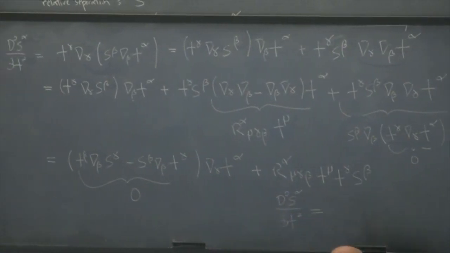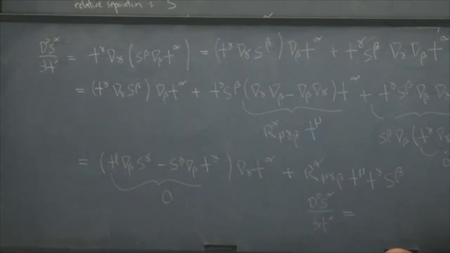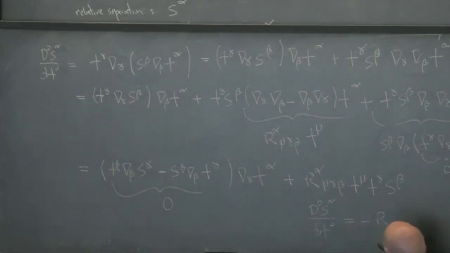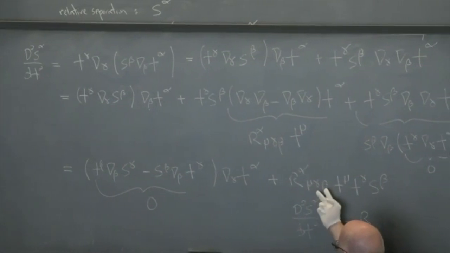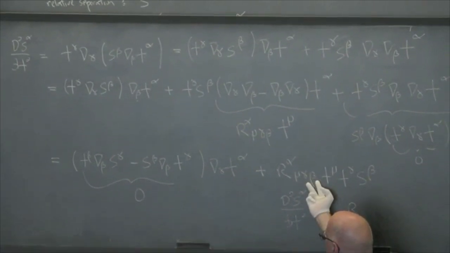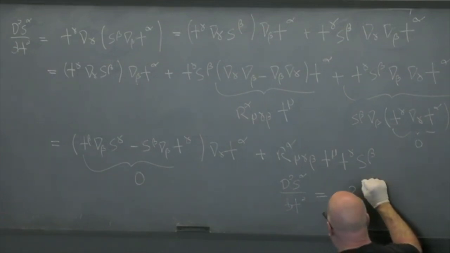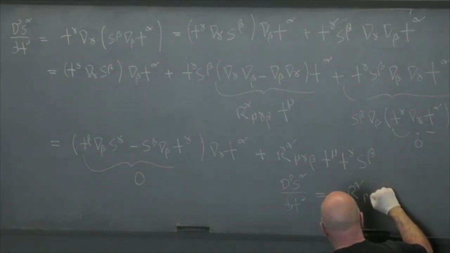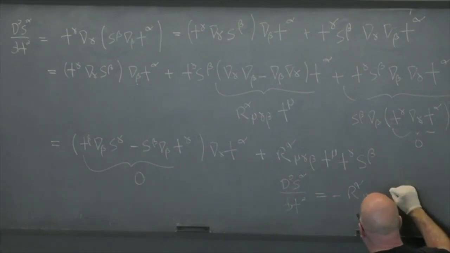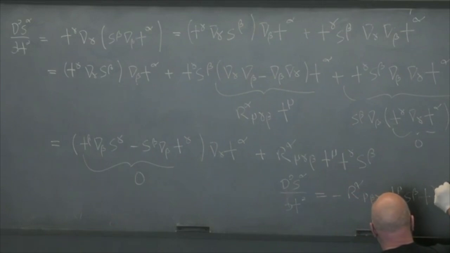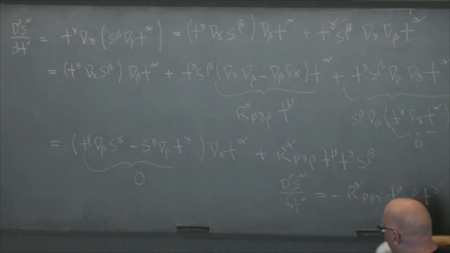And let's see, do I want to put a minus sign there? Yeah, I'm going to have a minus sign. I'm going to use the symmetry property of the Riemann tensor to interchange those two indices, and that will cost me a minus sign. So I'm going to have R alpha mu beta gamma, and then I have T mu S beta T gamma. So here I have things in the same order as the indices over here.